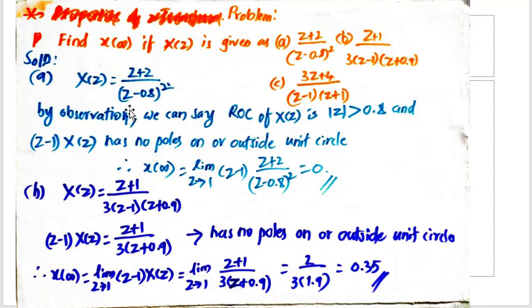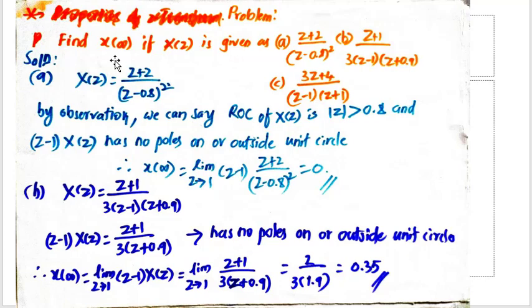Okay, so now what is the final value theorem? It says if the limit as z tends to 1 of z minus 1 times X of z exists, it is equal to x of infinity, the final value.